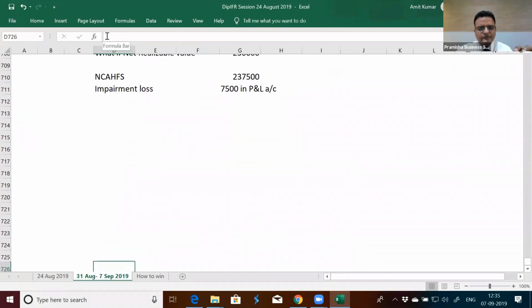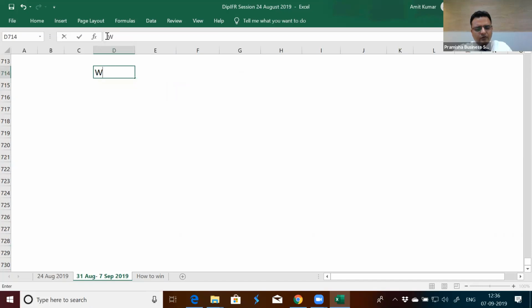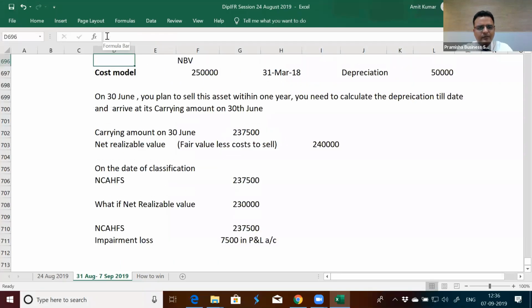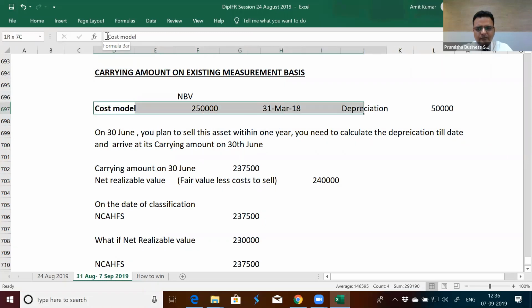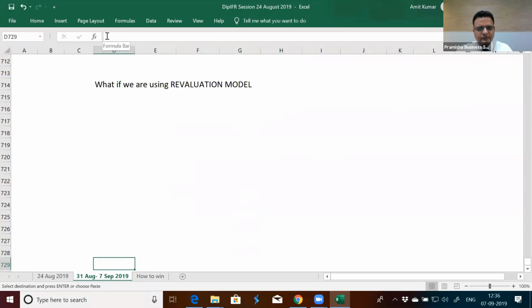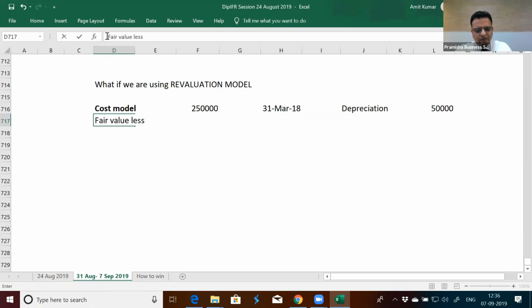What if we are using revaluation model? In the same example, if this was the situation, fair value less cost to sell: fair value is 260,000, less cost to sell 5,000.